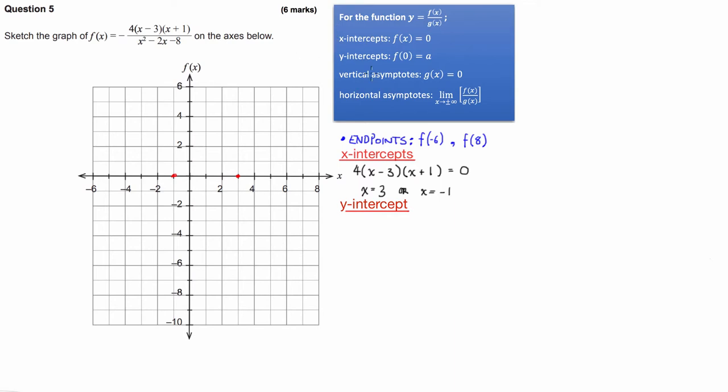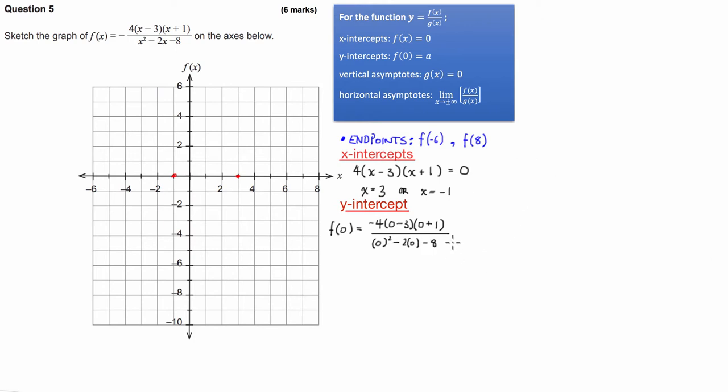Like the checklist suggests, the y-intercept is simply the function evaluated at 0. So f of 0 is going to be equal to -4 times 0 take 3 times 0 plus 1, divided by 0 squared minus 2 times 0 minus 8.